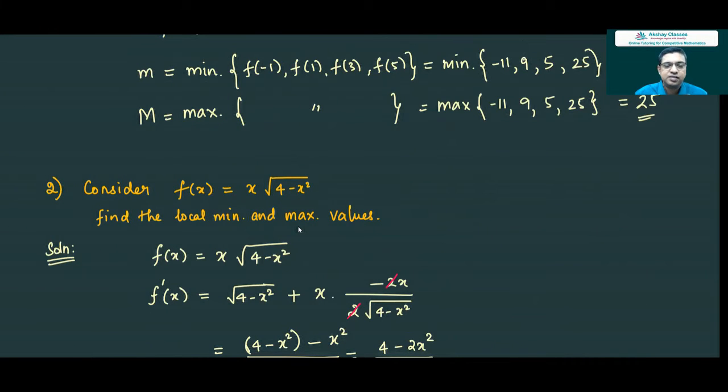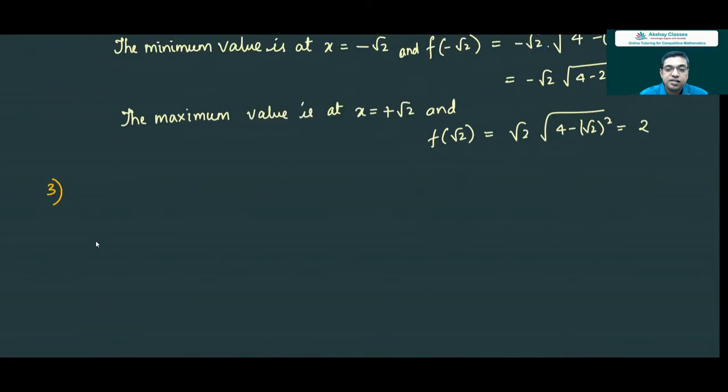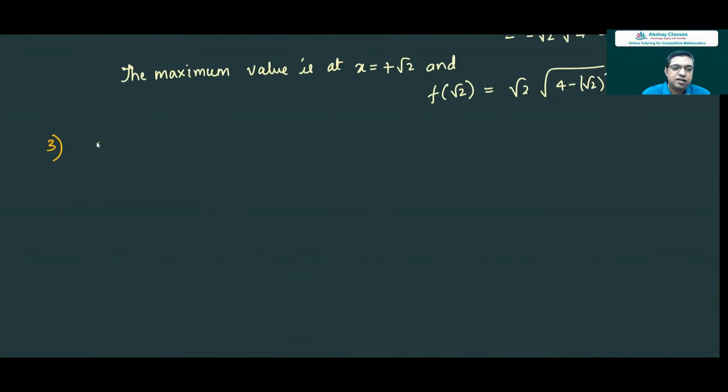So first case was a simple polynomial. The second case was an irrational function. Third problem. It's a trigonometry. Consider f of x is e power sin x upon e power cos x.